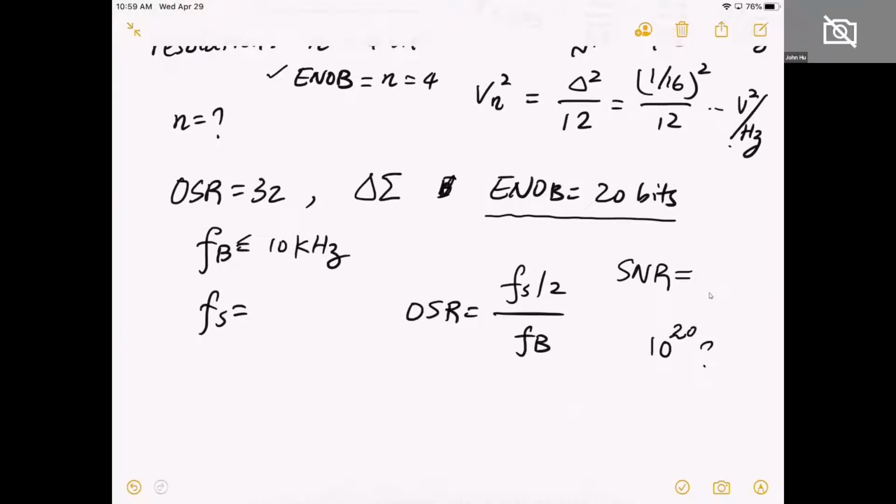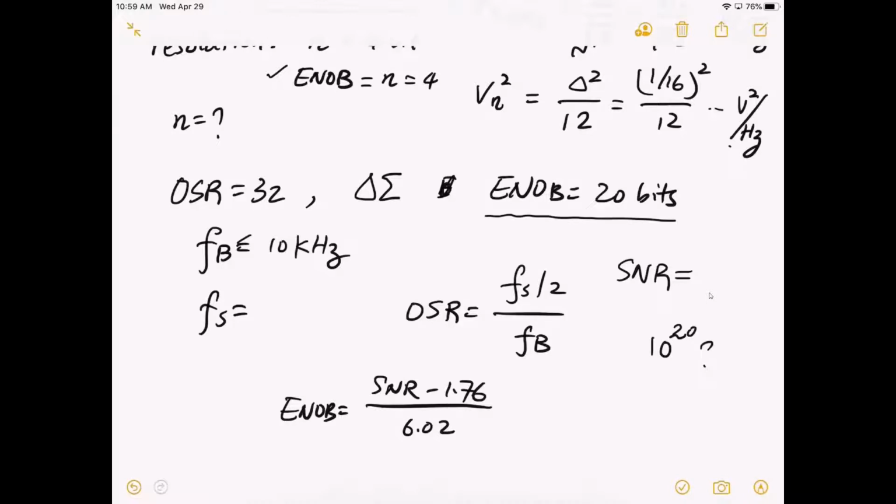Yeah, that's more like it. The moment we have effective number of bits, the signal to noise ratio is connected to it. The effective number of bits is whatever signal to noise ratio we have, 6.02, right? We're missing some information, I think.